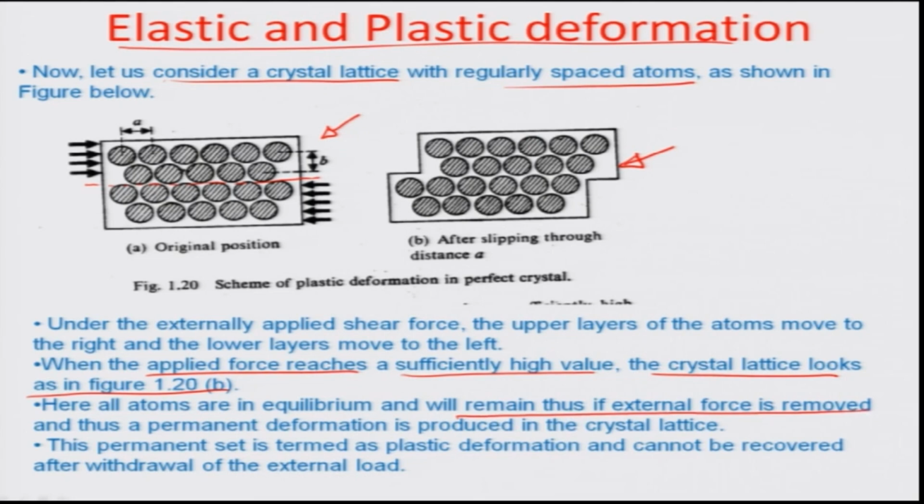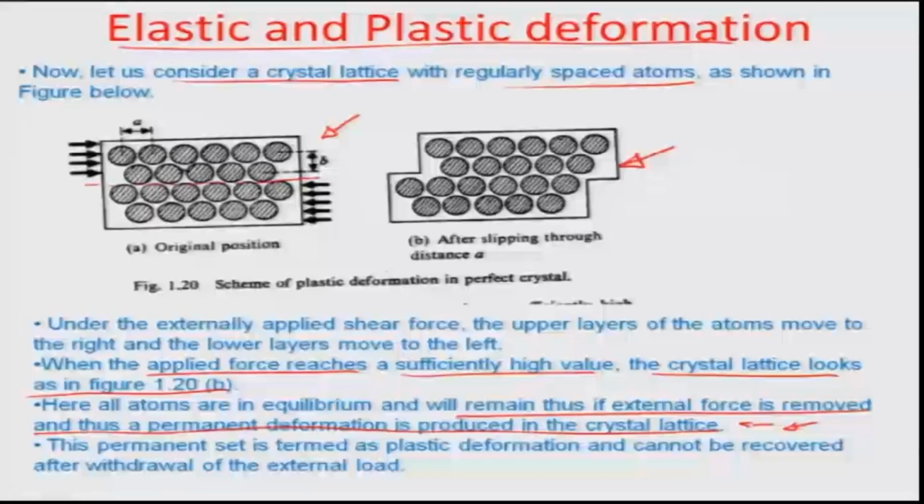Thus, if the external force is removed, a permanent deformation is produced in the crystal lattice. All the atoms are in equilibrium and will remain thus if the external force is removed, and thus a permanent set deformation is produced in the crystal lattice. The fact that the crystal does not come back to the normal regime is known as plastic deformation, and it cannot be recovered even after the withdrawal of the external load.